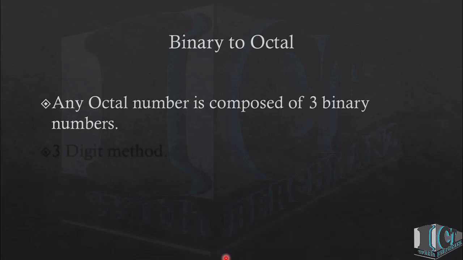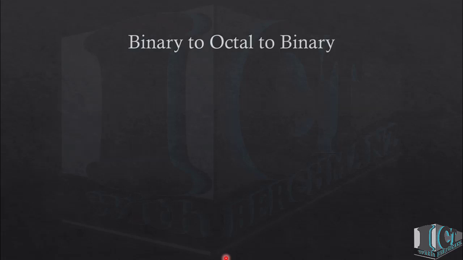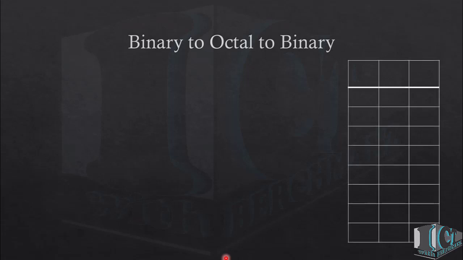So to convert any octal number to a binary number, we need to use the 3-digit method. We will convert first a binary to octal, and then we will see how we can convert an octal number back to binary. For this, I am going to use a table.